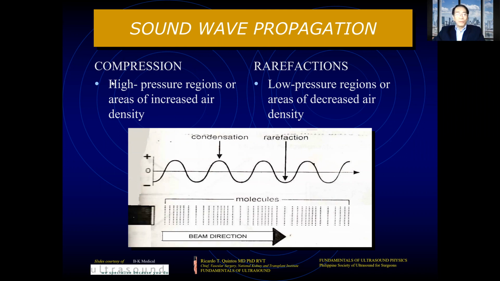The rarefaction segments are the low pressure regions or areas of decreased air or medium molecular density. If you have a series of condensations and rarefactions, then you will have a wave that is propagated throughout the medium in a particular direction.